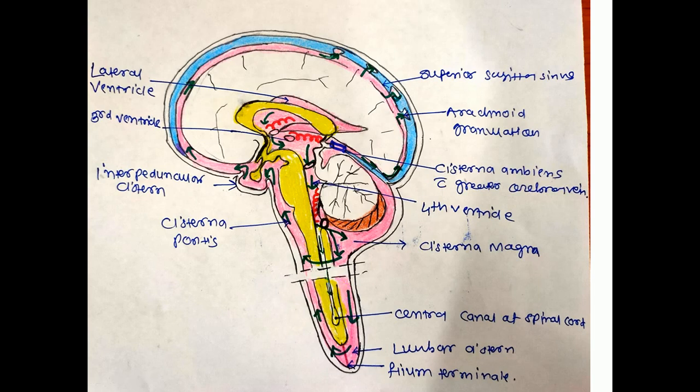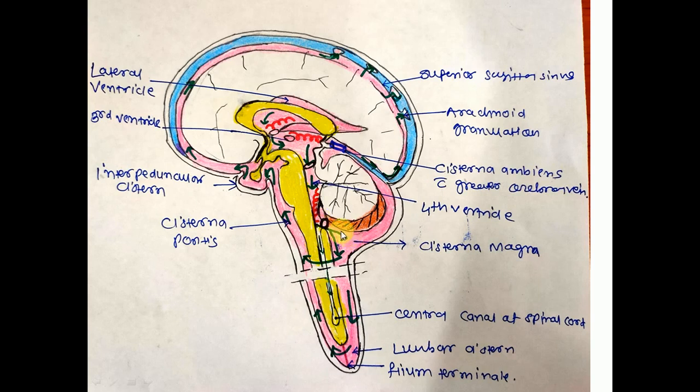So which are the major cisterns? The first one is the cerebellomedullary cistern or cisterna magna. Magna means large. The name itself suggests the cerebellomedullary cistern lies between the inferior surface of the cerebellum and the dorsal surface of the medulla oblongata.